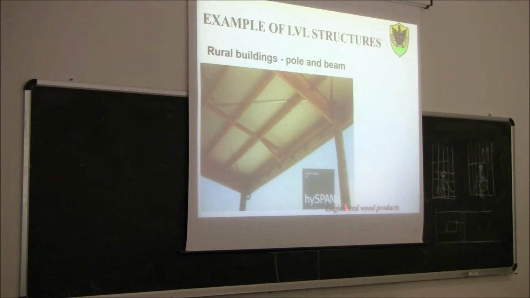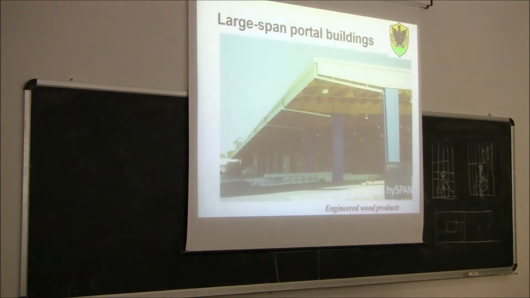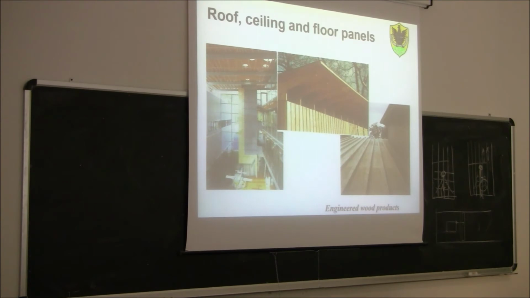So this is a round wood, and then here you have the beam. This is basically a portal frame made of LVL with some rigid joints here. Again, this main beam is made of LVL, and here another application with LVL.